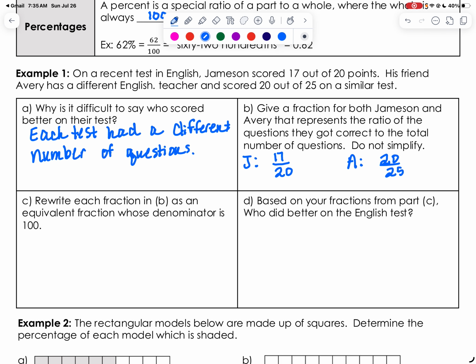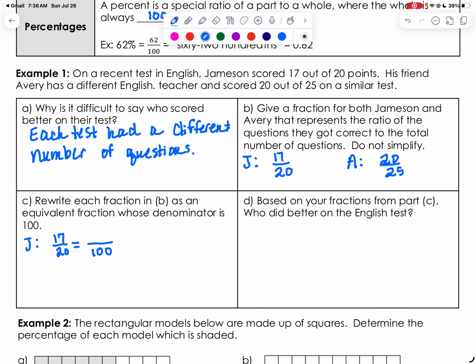All right. In problem C, rewrite each fraction in part B as an equivalent fraction whose denominator is 100. So let's start with Jameson here. I want to rewrite the fraction 17/20 as a fraction with a denominator of 100.